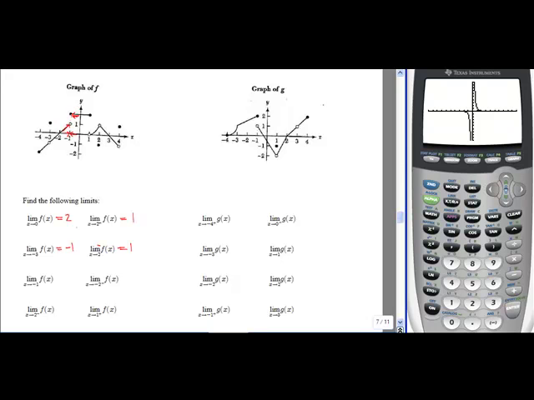No, we have one way up here at 2, and we have one over here that's approaching a height of 1. So there's a jump in our graph. So this is a limit that does not exist because the right-hand limit, which is 2, is different than the left-hand limit, which is 1. So we would say that this limit is DNE. It does not exist because of that jump in our graph.